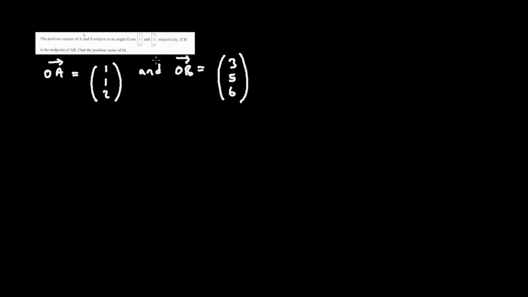Saka zvorubva zvazonzi if M is the midpoint of AB, find the position vector of M. Tanyora pasi what OA is and what OB is. Tava taudzwa kuti M is the midpoint of AB. Saka tinenge connector A na B, then the midpoint of AB ndo yatiri kutsvaga. We want to find the position vector of M.